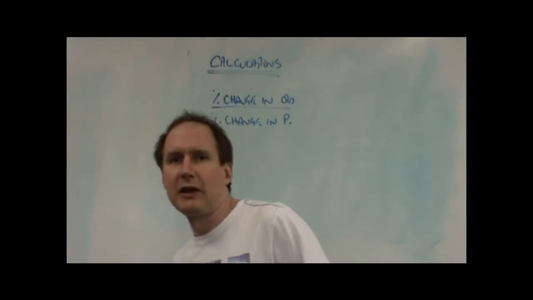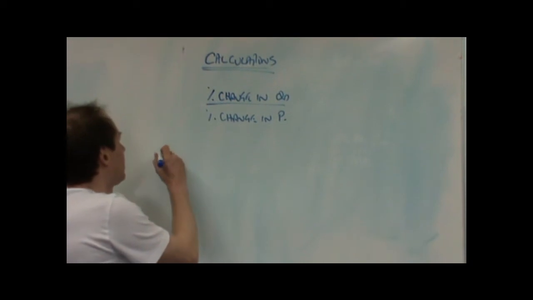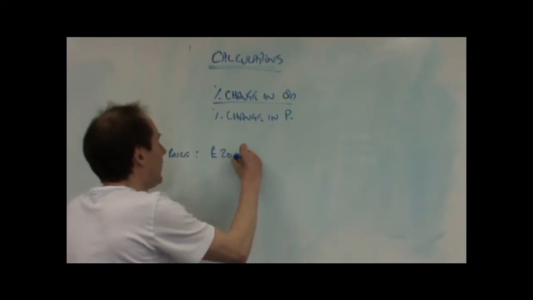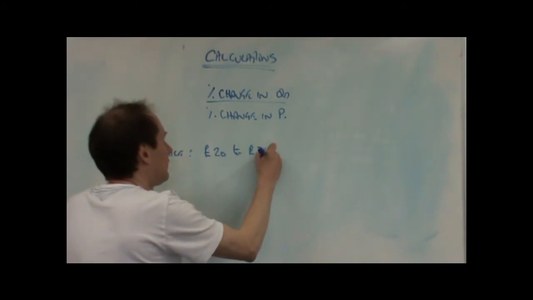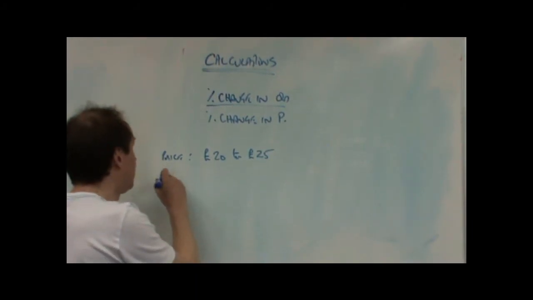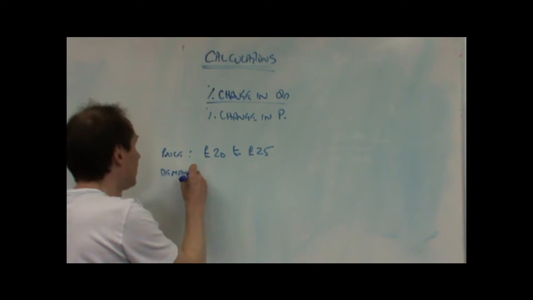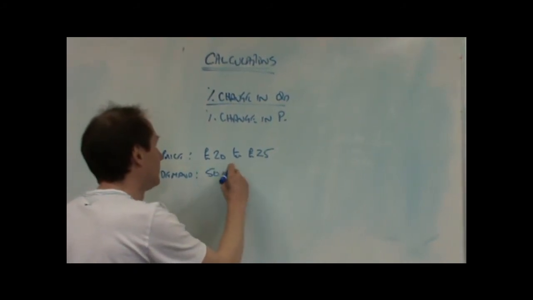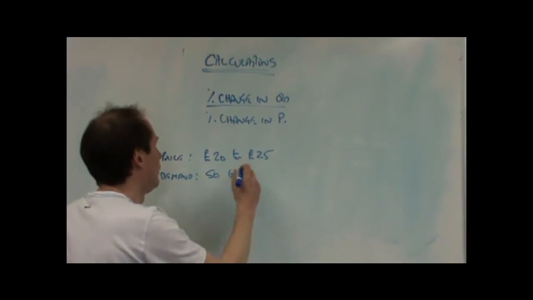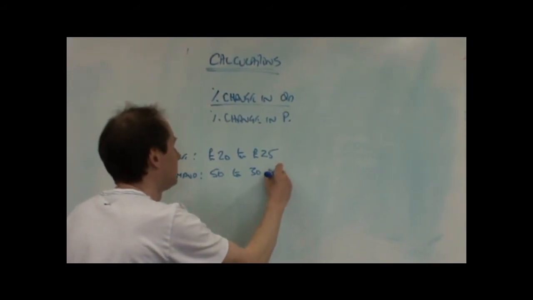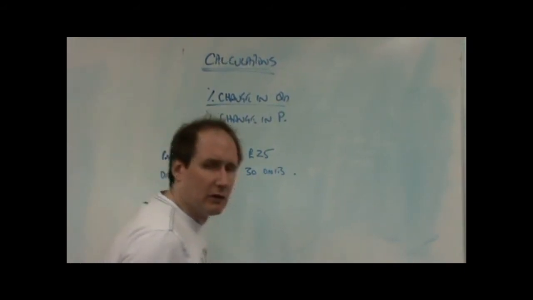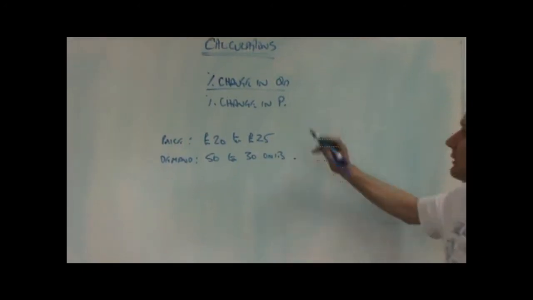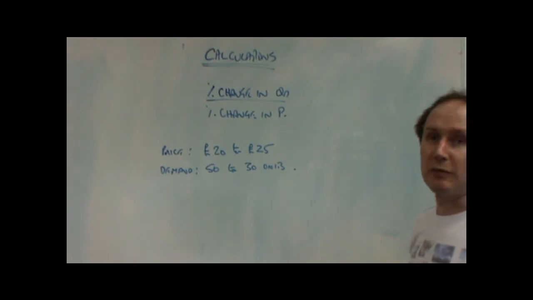So let's take an example. Let's suppose that price rises from £20 to £25, and as a result, demand falls from 50 to 30 units. All we've got to do is calculate the percentage change in price and the percentage change in demand.